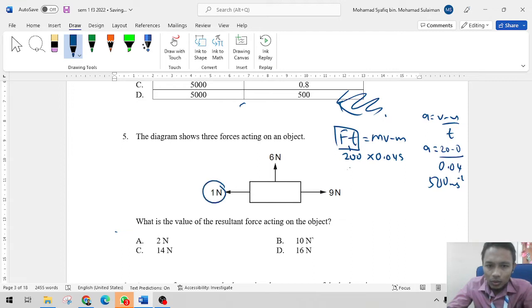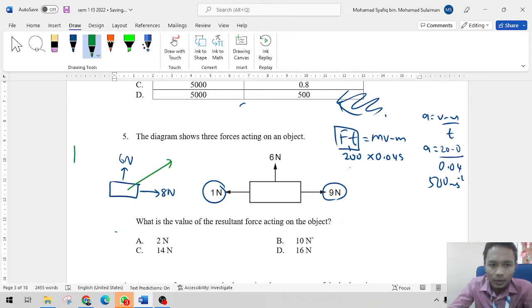To the left is 1, to the right is 9, so it becomes 8 Newton, and 6 Newton. So the resultant force will be this way. So we have 6 and 8, sorry, 6 to the above and 8 to the right, so it will become 10 Newton.